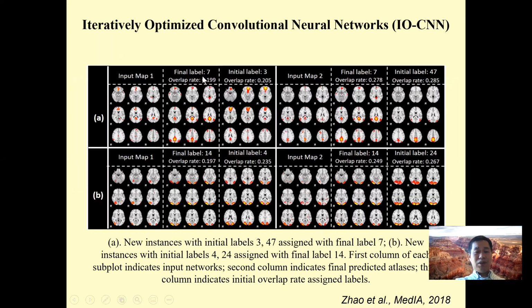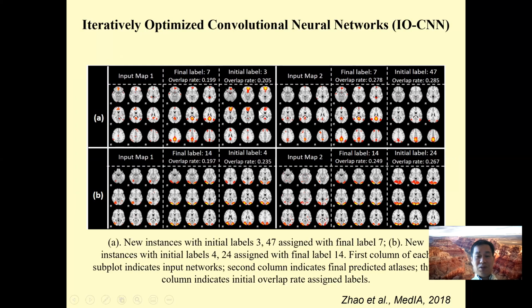And it's very interesting that some of the initially wrongly labeled brain networks with a high overlap, for example, 0.205 in this case, initial label is 3, and after iteration, the final label is 7. If you look at the distribution, you can see the final label 7 is, of course, much more reasonable than the original number 3.